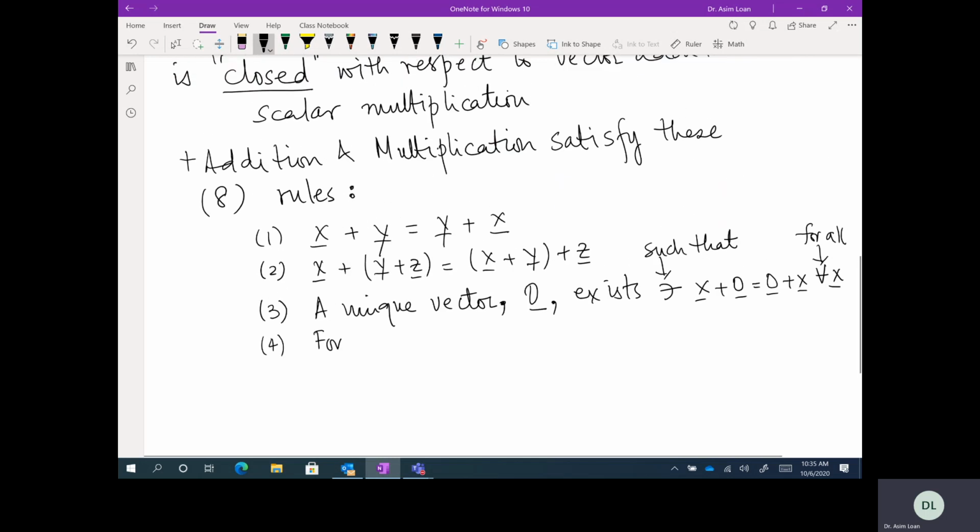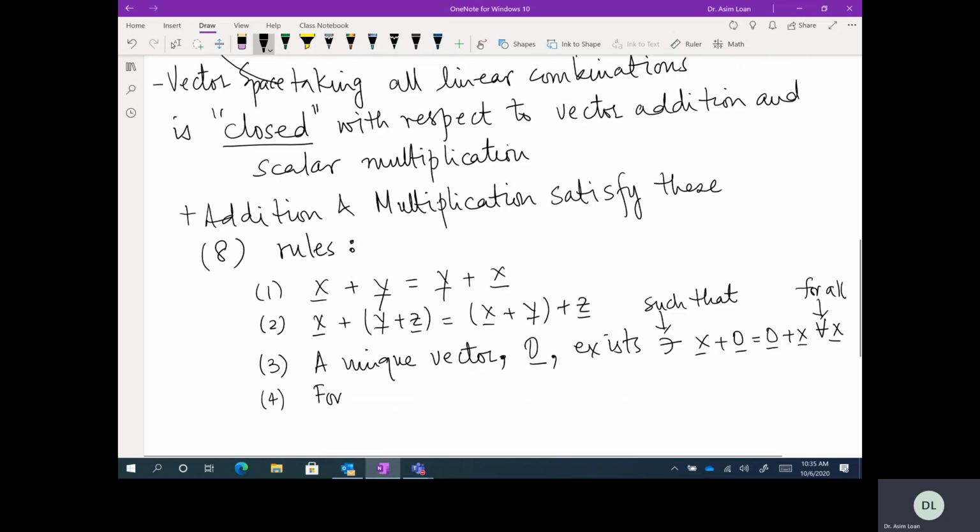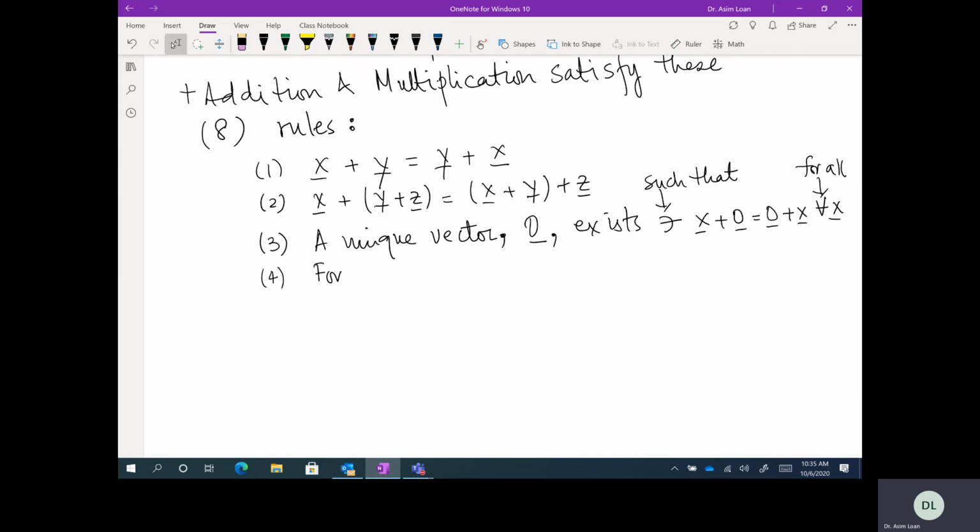And this is also true because if my scalar is 0, then obviously 0, the origin, is always in the vector space. For each vector x, there exists a minus x such that x plus minus x is the 0 vector.